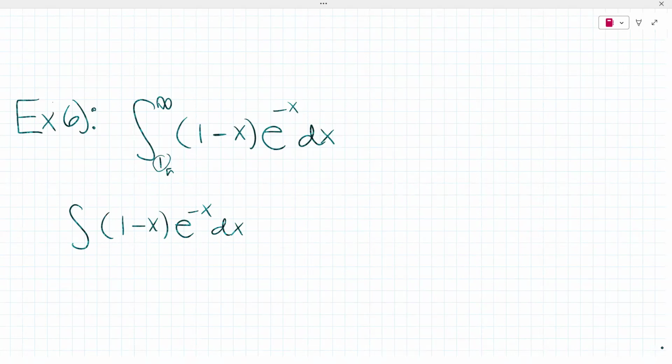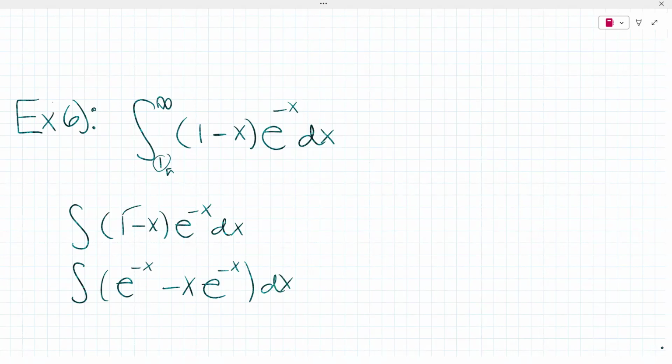What if I FOIL out this e to the negative x? Will that even help? Maybe. Let's FOIL that out. What's e to the negative x times 1? That's e to the negative x. And then what's e to the negative x times negative x? That is negative x e to the negative x dx.